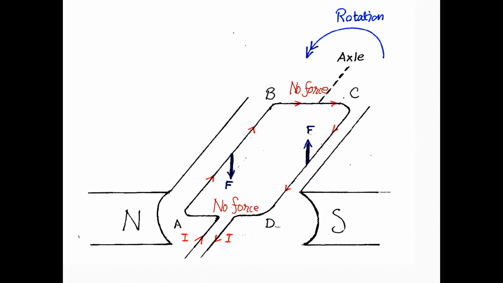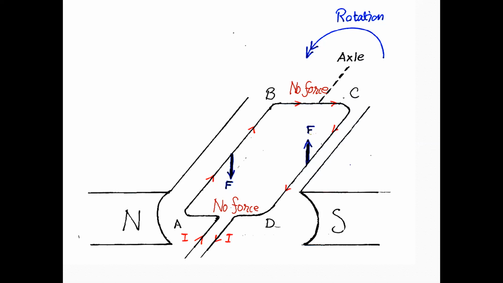There is no force on the sides BC and AD because they are parallel to the magnetic field. Have you copied it? Yes, sir, I have copied it.